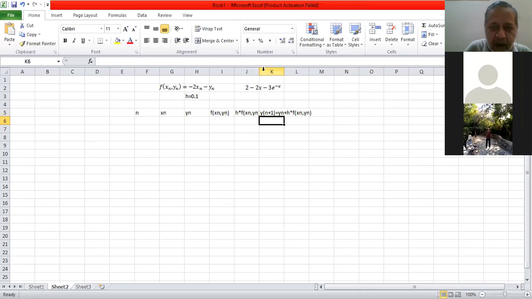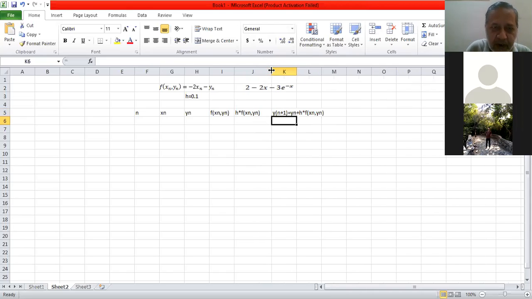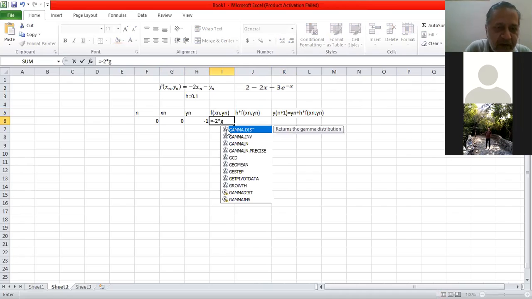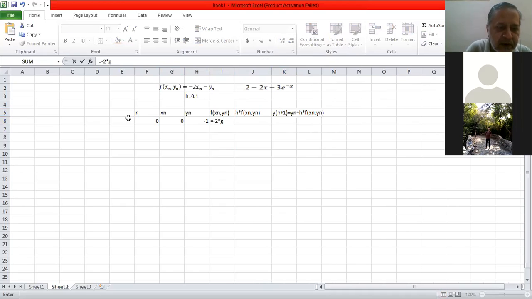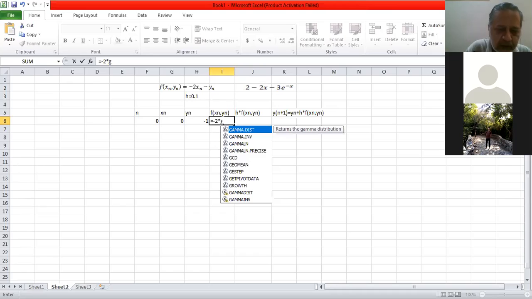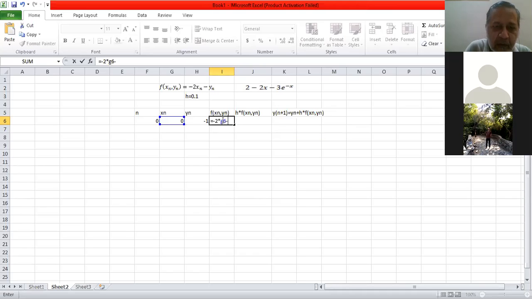So we have made these columns for our computation. The x naught, y naught values were 0 and minus 1. We need to calculate the function value, and this is the function, so it is equal to minus 2 times x value, which is coming from cell G6, minus yn, and that is coming from H6.